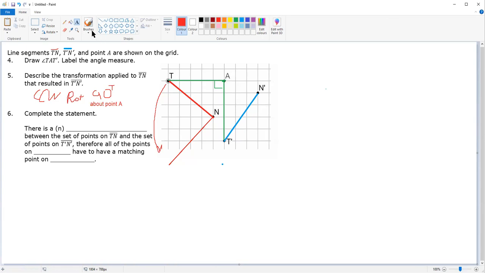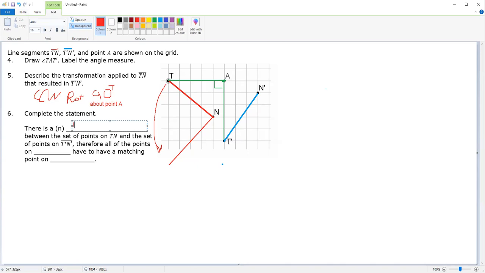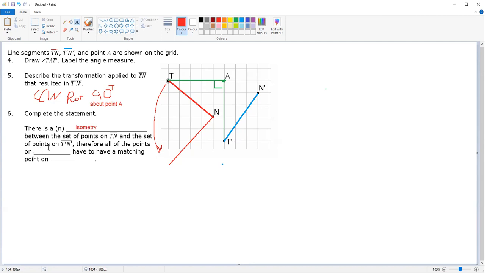There is isometry between all of the sets of points, because there's an infinite amount of points on this line segment, since points don't have any dimensions, right? So there is isometry between the sets of points on TN and the sets of points on T prime N prime.